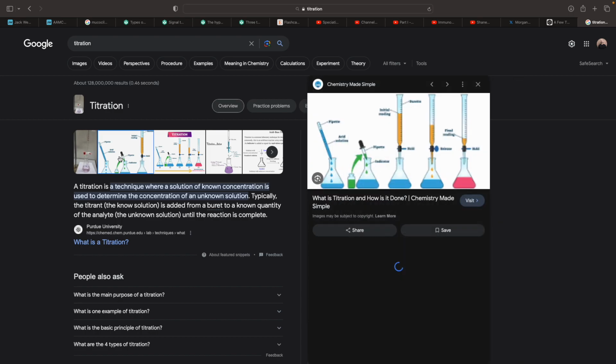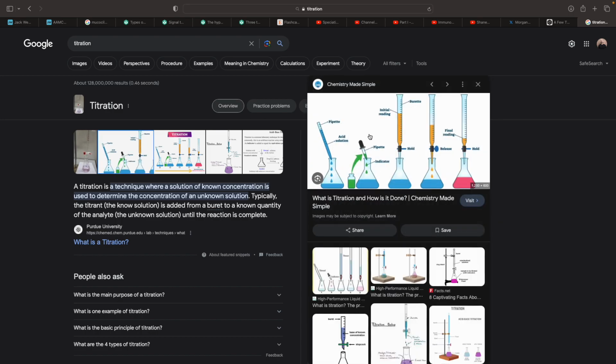So we have something that is the known concentration. Then we want to find the concentration of the unknown, right? For example, how acidic it is. Typically the titrant, the known solution, is added from a burette to a known quantity of the analyte, the unknown solution, until the reaction is complete.